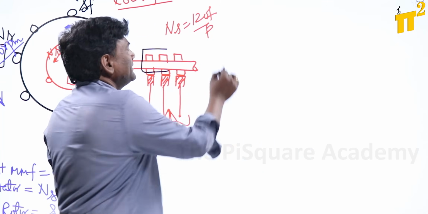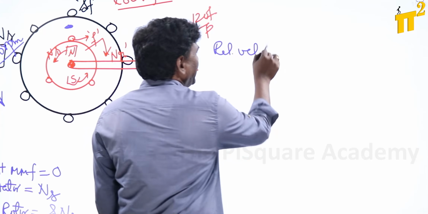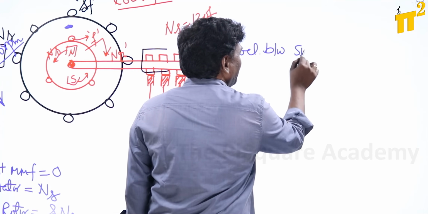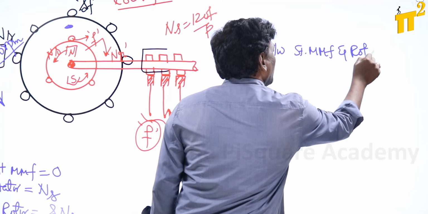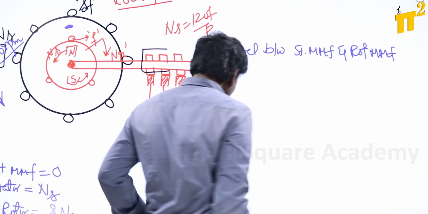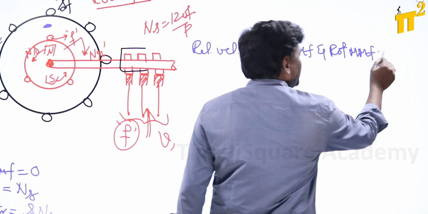Now see here, the relative velocity between stator MMF and rotor MMF. Both MMFs should be stationary or not? Yes. So it should be 0 rpm.